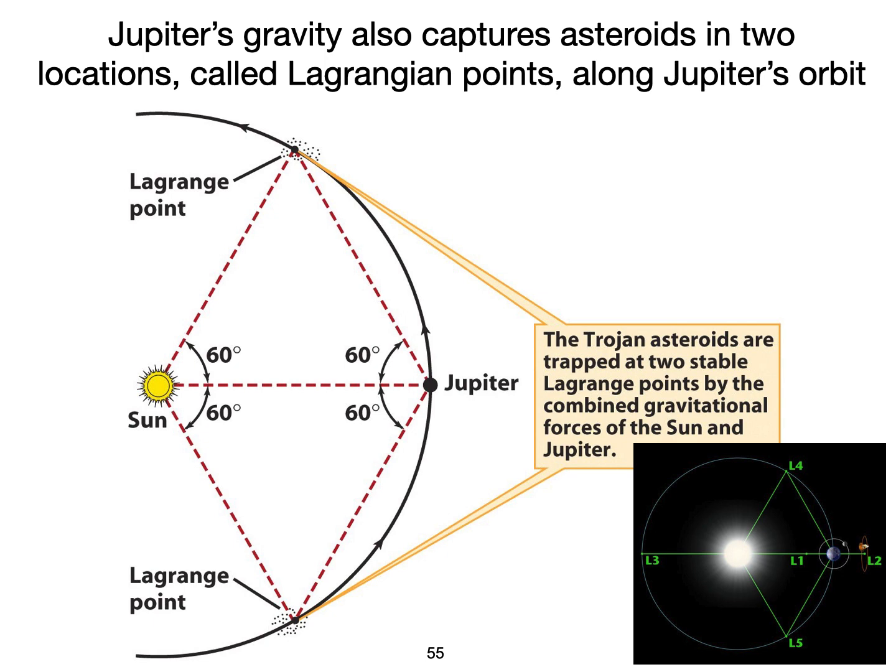L2 in the lower right diagram is again a place where the gravity of the Sun and the Earth balances the centrifugal force that something feels at that point, which goes outward. So the gravity is pulling inward, whereas the centrifugal force is pointing outward. So you don't need much fuel to keep a satellite at the L2 point, and that's where the James Webb Space Telescope is going to be. There's other satellites at that point as well.